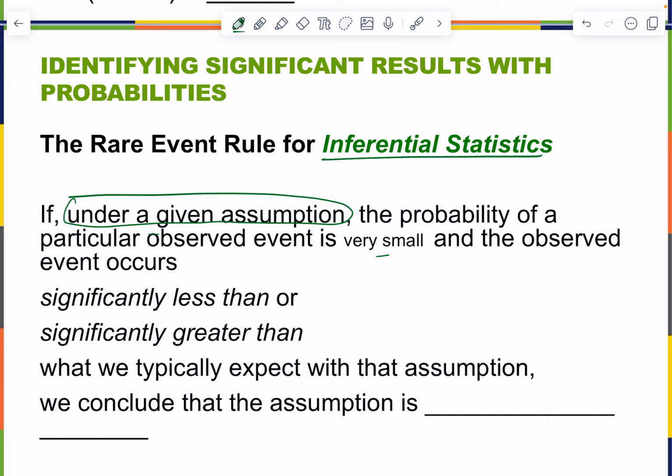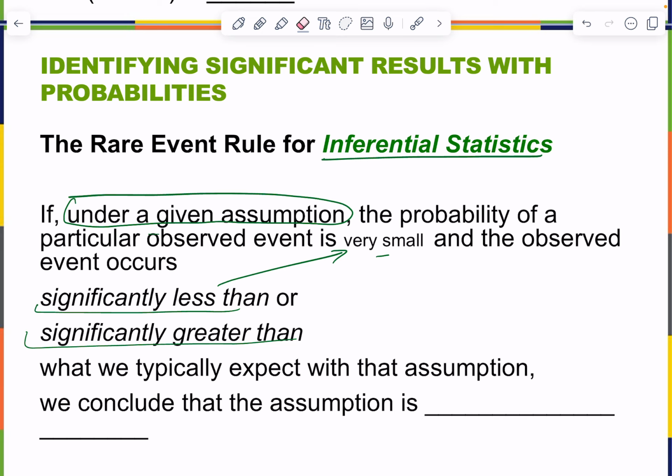If the event occurs, it is significantly less than or significantly greater than what we typically expect with that assumption.